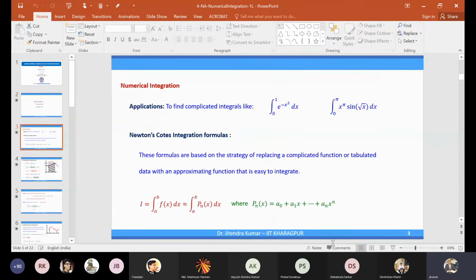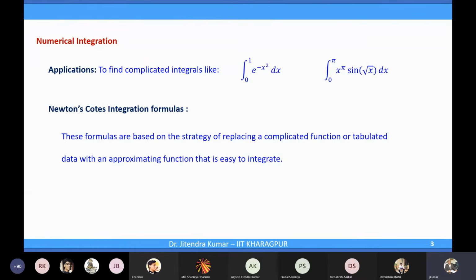In the Newton-Cotes integration formula, these formulas are based on replacing complicated functions. Basically, your integrand, or sometimes you have tabulated data, where you need to integrate the function that goes through the given data. In any case, the idea is that we will replace that complicated function or tabulated data by an approximating function that is easy to integrate.